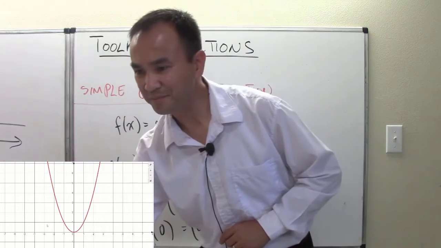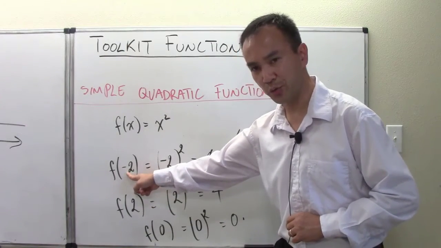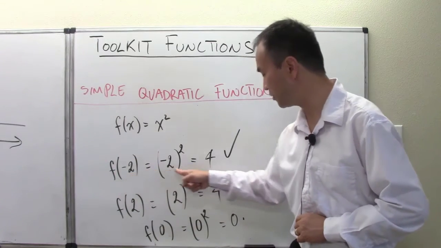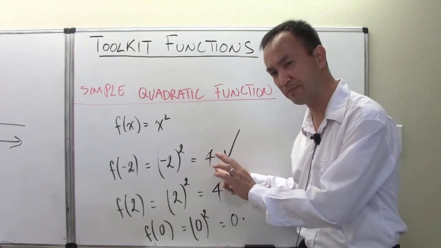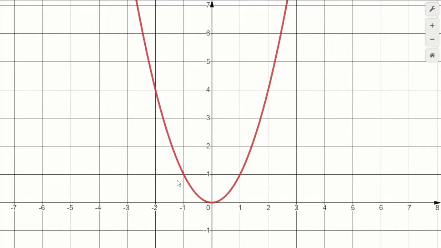When x equals negative 2 on the x-axis, we came out to the output being positive 4. When x is negative 2, the output is positive 4, so we are right at that point on this graph.